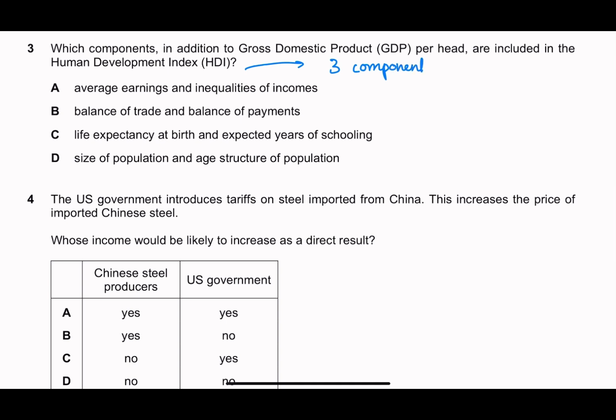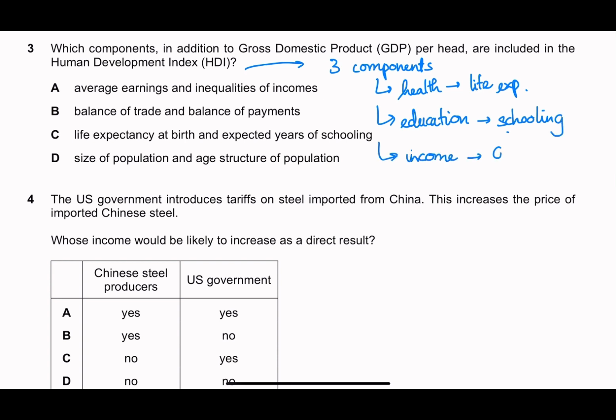So it's composed of health, which is measured by life expectancy, education, which is measured through years of schooling. And the last one is income, which is measured through the GDP. So the question mentioned GDP, so they're looking for the other 2 factors, which are health and education.